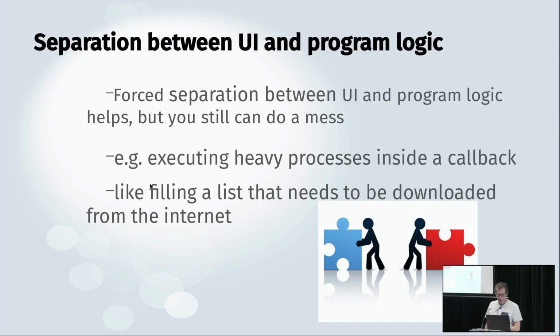So I already talked about this, I think. Basically, it's what I said before. You need to keep in account that having separated processes is important to have a smooth behavior of your application, but you can still do a mess, like for example calling the internet inside of a callback and hoping for the best there.